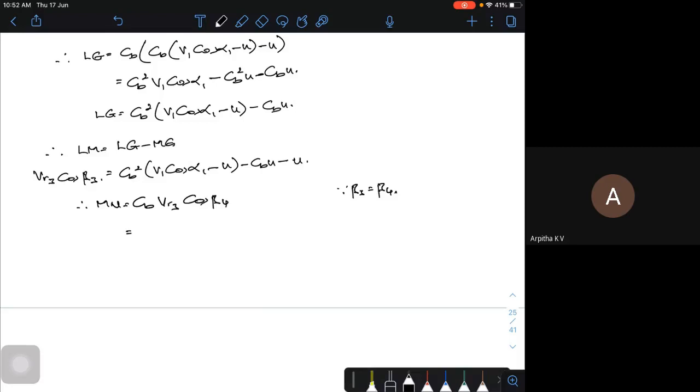I am writing this as Cb into VR3 into cos beta 3. See, it's a very lengthy derivation. We have to do this. There is no other go.